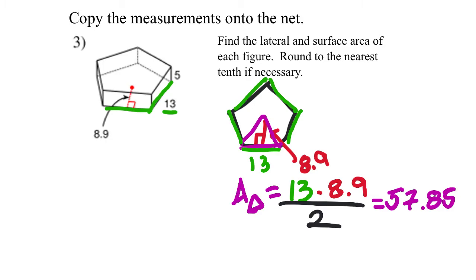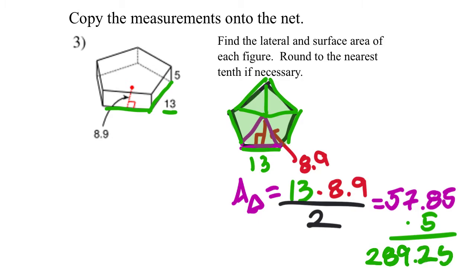But we see that that's only one triangle out of 1, 2, 3, 4, 5 triangles. So I'm going to multiply this by 5, which will give me the full area of one of these pentagons. So 57.85 times 5, and that's the area of one of the pentagons, 289.25.